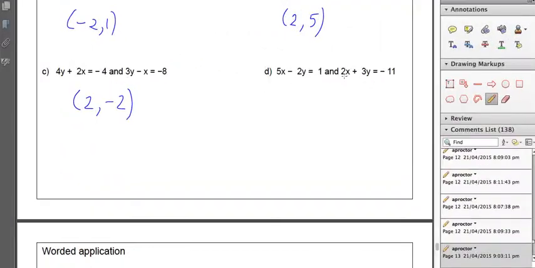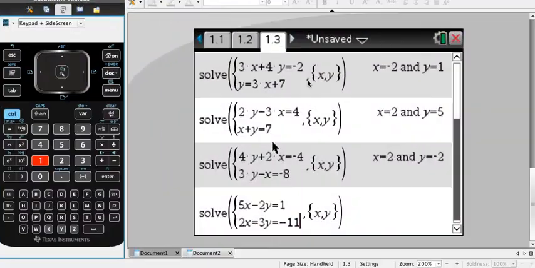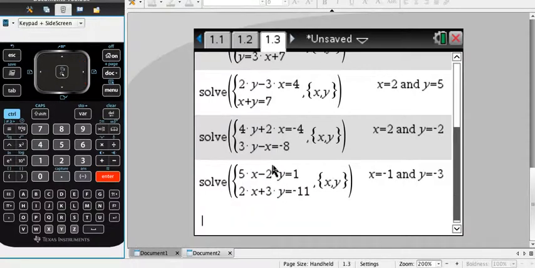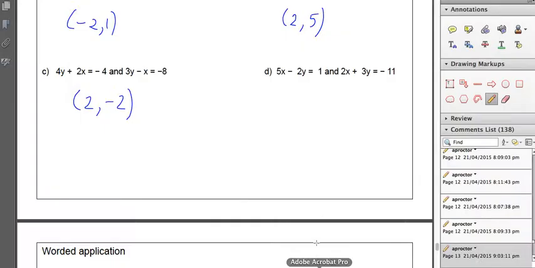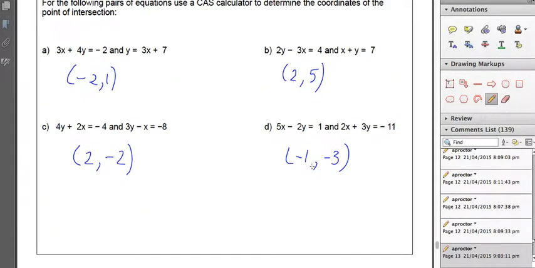Just double check that. Yep. And finally press enter. Now, I've made a little mistake here. You'll see I've got 2 equal signs, so make sure you don't do that. Then press enter. -1, -3. And they are our points of intersection for those 4 pairs of simultaneous equations.